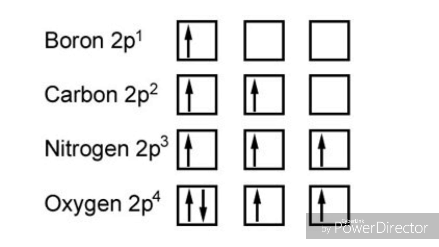Boron, atomic number 5: 1s2, 2s2, 2p1. Carbon, atomic number 6: 1s2, 2s2, 2p2. Nitrogen, atomic number 7: 1s2, 2s2, 2p3. Oxygen, atomic number 8: 1s2, 2s2, 2p4. So like this we have to represent.